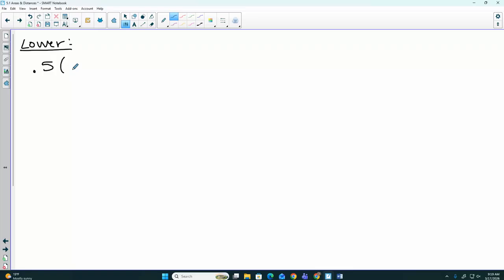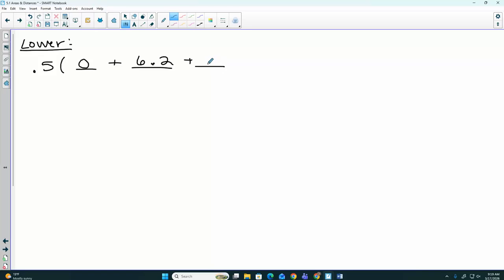So for the lower estimate, I would estimate her first speed to be 0. Basically, we're using the speed at the start of that interval. So for between a half and 1 second, my speed would be 6.2.